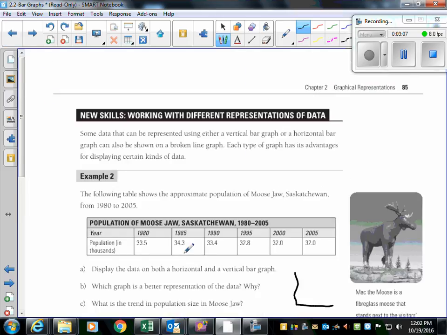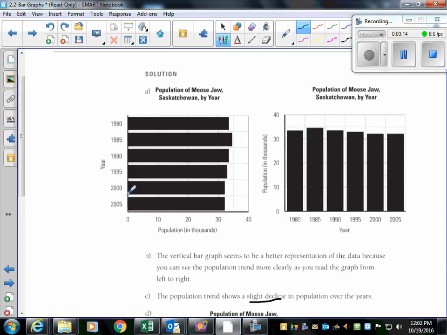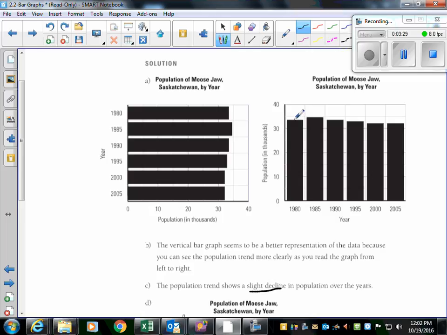Now, let's draw a broken line graph of this. It's the same as this. Remember, we always put years or time on the bottom, population up the side. And if you notice, 33.5, 39, these are the same dots. We'd actually have to go through. These are the same dots.